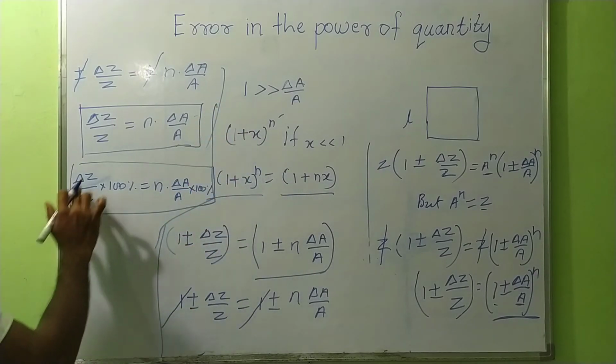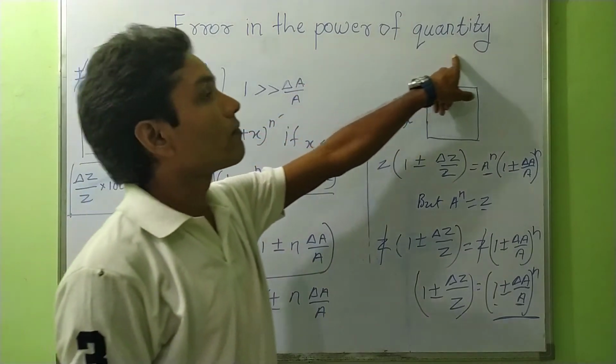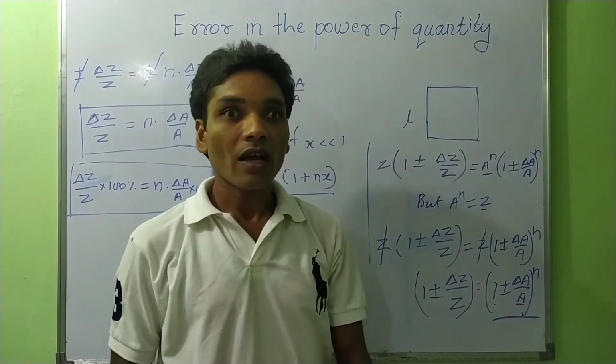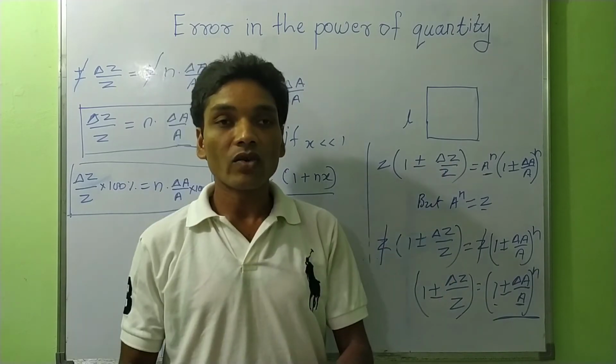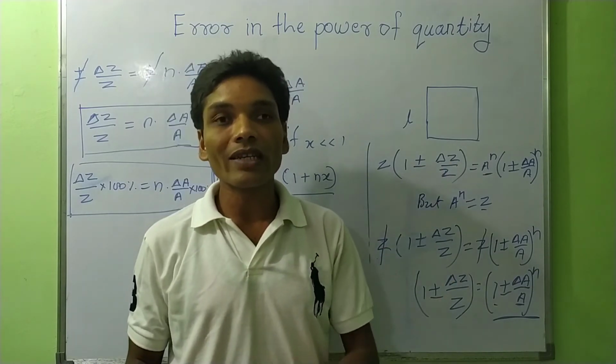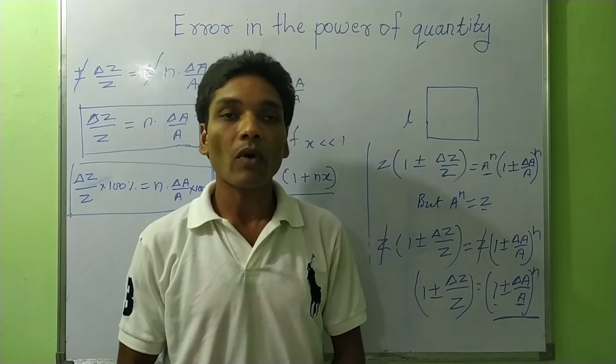So this is the formula of percentage error in the power of a physical quantity. I hope you have understood this derivation, and to understand this more clearly we will solve some examples.